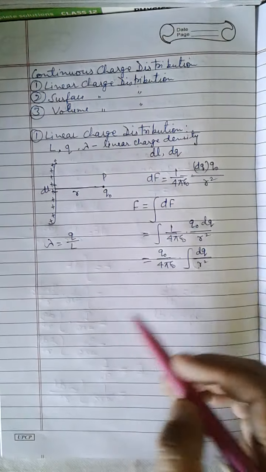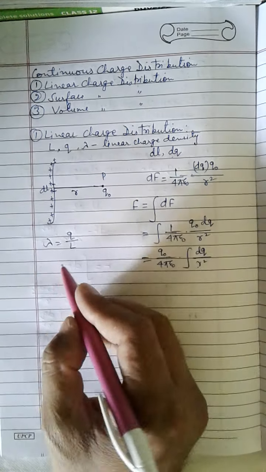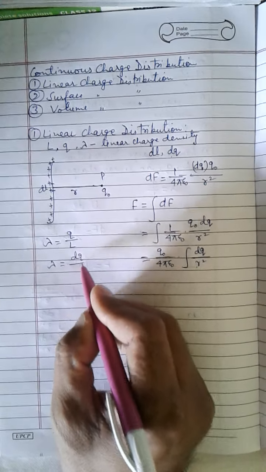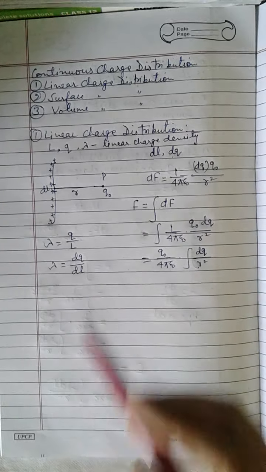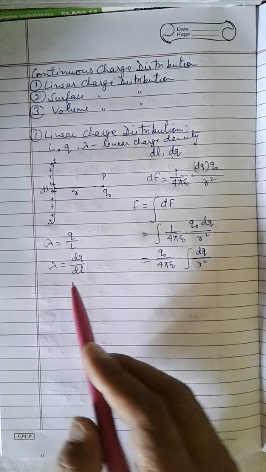But for this element, what is the length? It is dl, and what is the charge? dq. This lambda is also equal to dq upon dl, because lambda is always constant. It is constant for the whole conductor, and it is constant for this element.